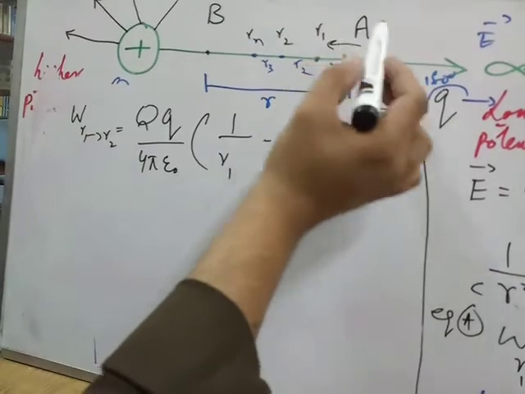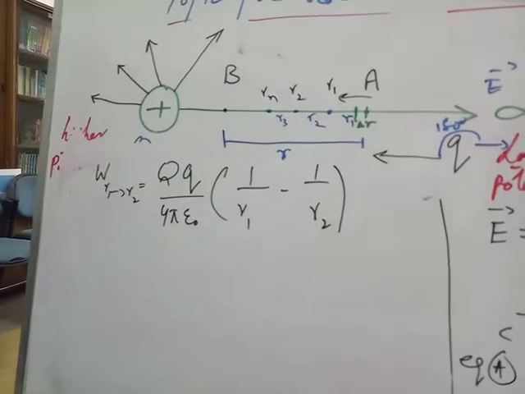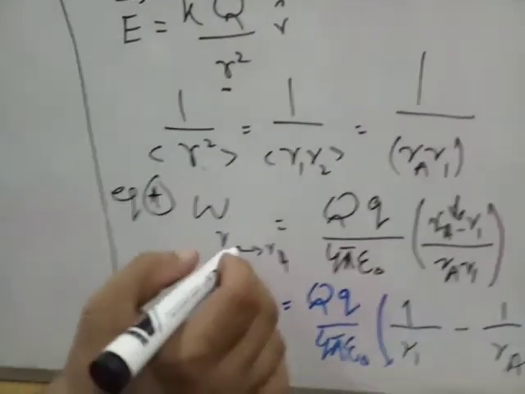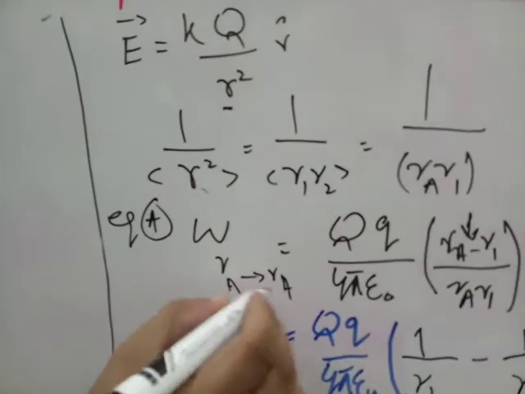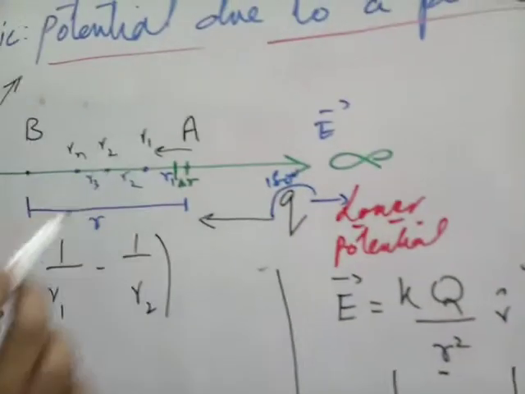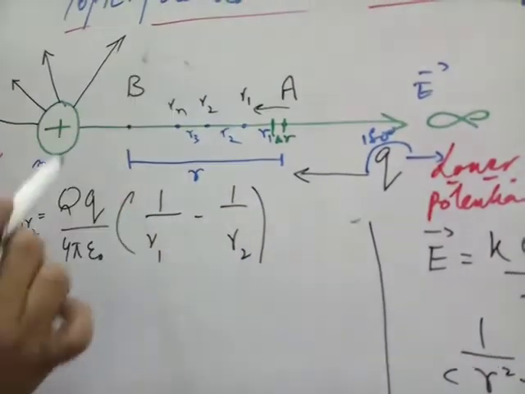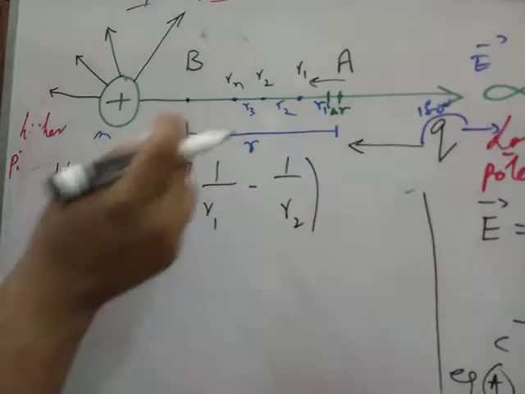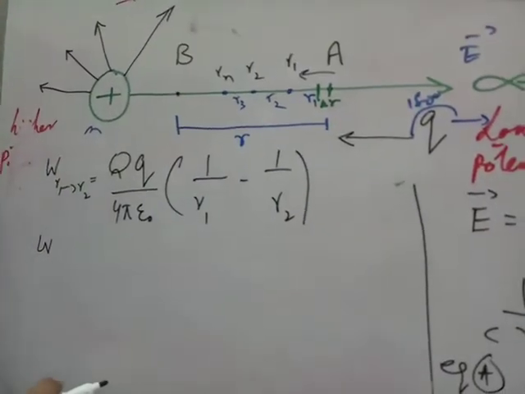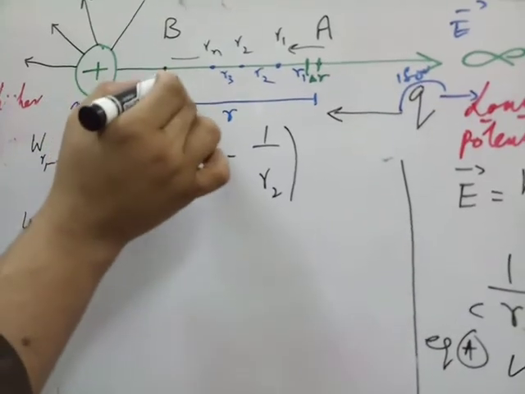So the charge is moving from A to B. The work here is in the form of A to 1, and from here 1 to 2, and the next one will be Rn to Rb, which is the distance, we can say this is Rb.